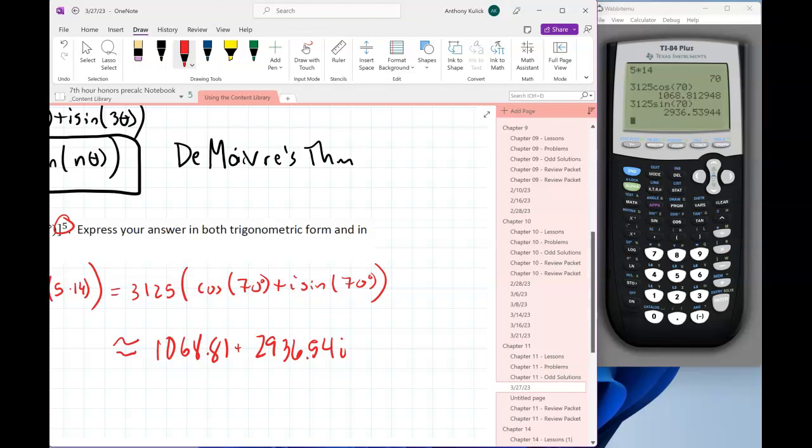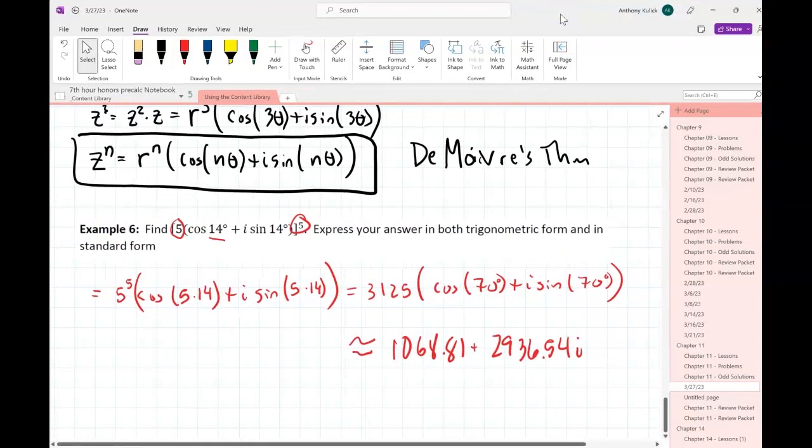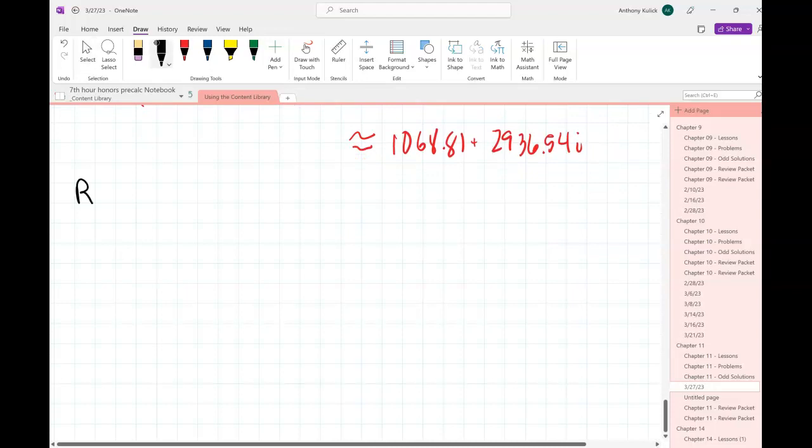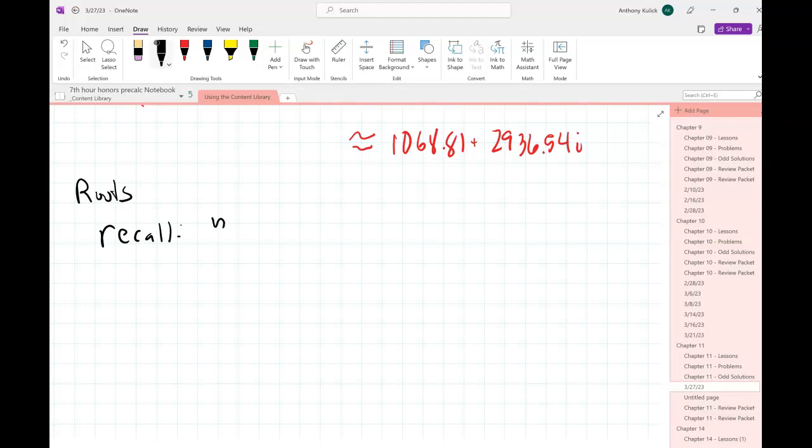What if we wanted to talk about roots then? So think back to your Algebra 2 class. What's the nth root of x the same as? X to the 1 over n. Excellent.